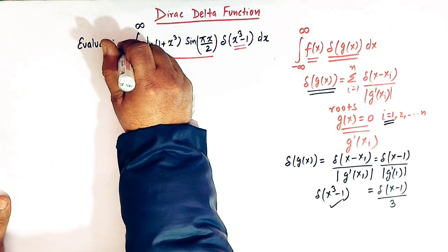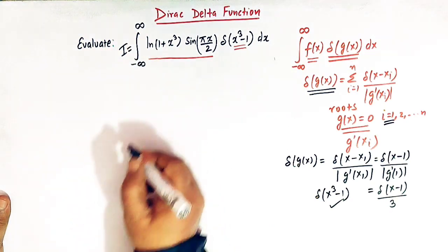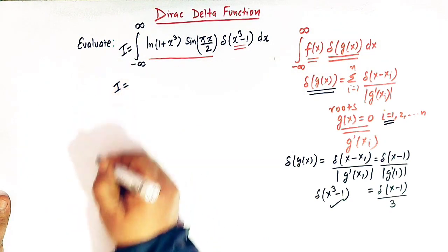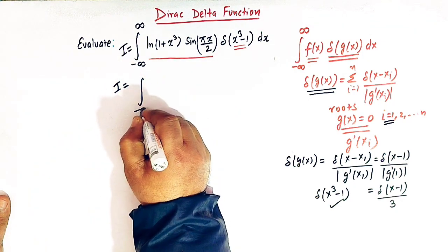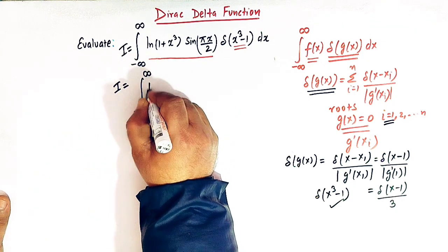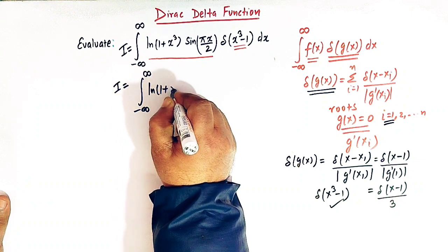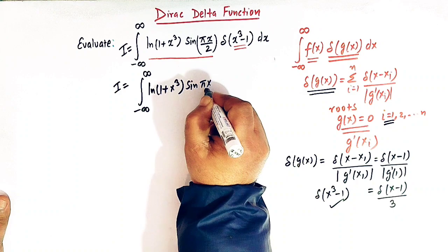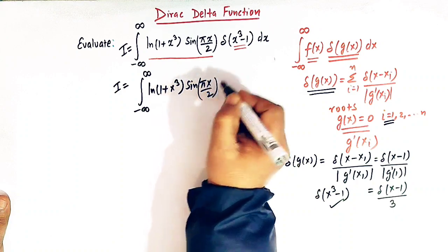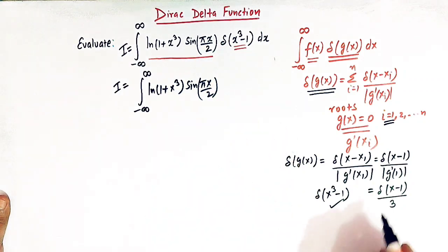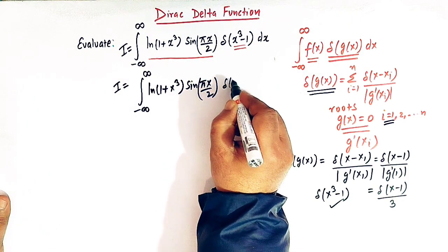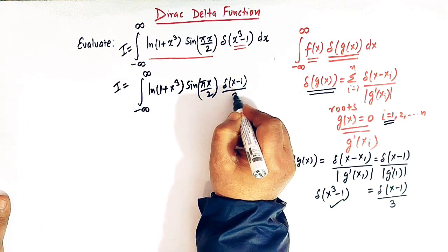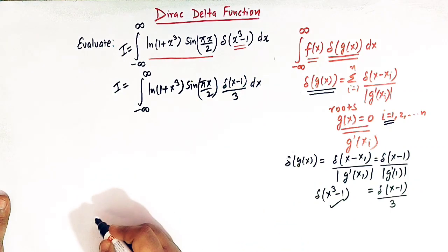So now let us take this integral as I. We have I is equal to the integral from minus infinity to infinity of log of 1 plus x cube, times sine of pi x over 2, times delta of x cube minus 1, which is delta of x minus 1 over 3, dx, right?